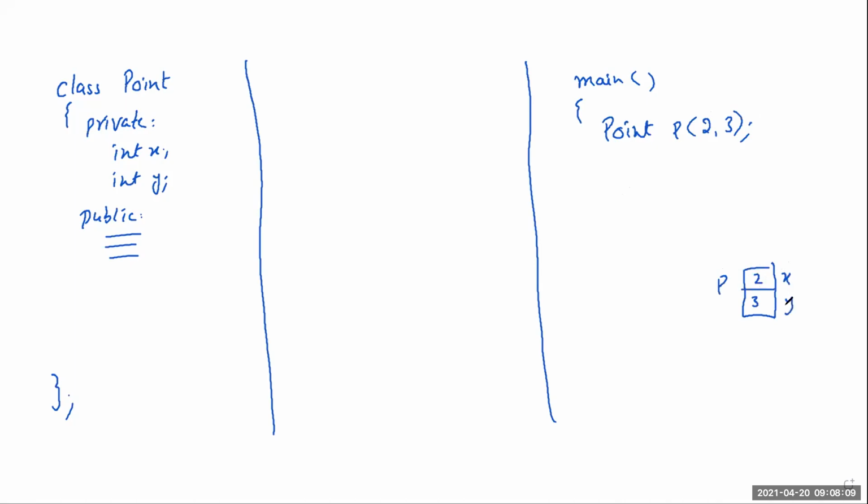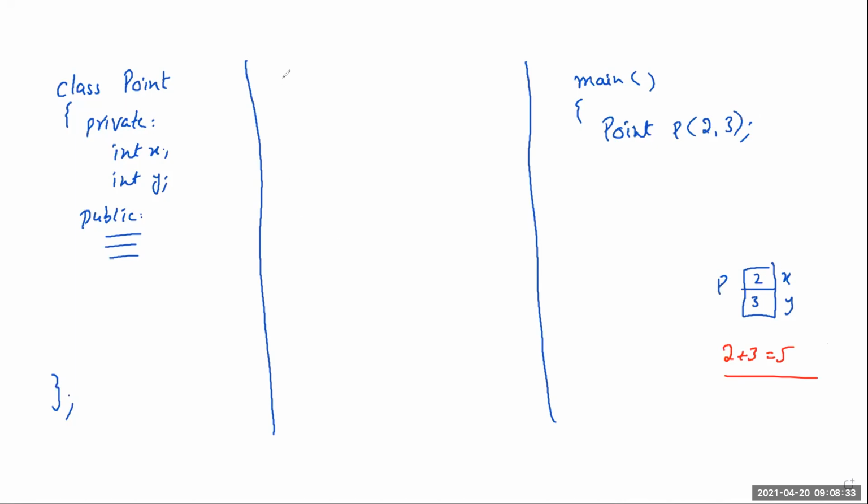Okay, now we want to make a function, just assume, which can add the x and y coordinates together, right? So we want to make a function which will add 2 and 3 and give us 5. Okay, this is just a hypothetical example only for discussion purposes. But this function is not a member function. We are making it a global standalone function, means it is not a member of a class.